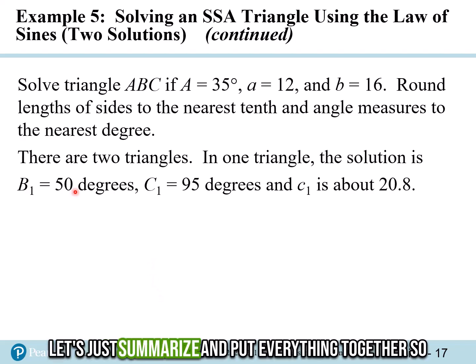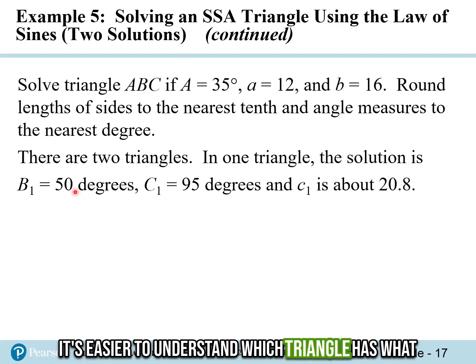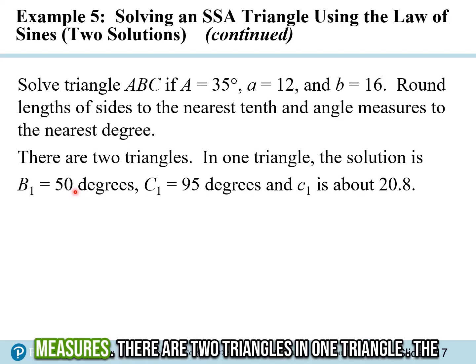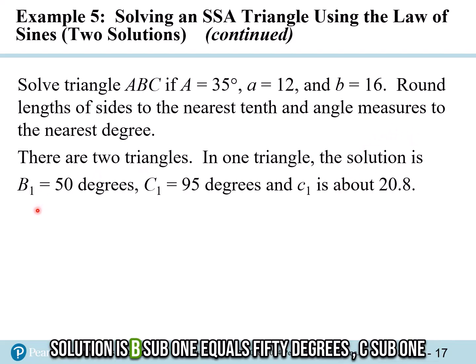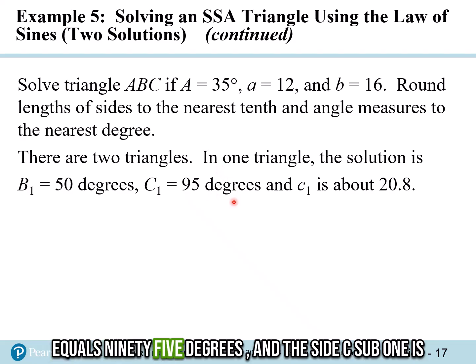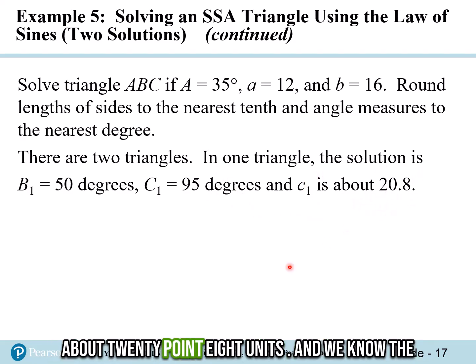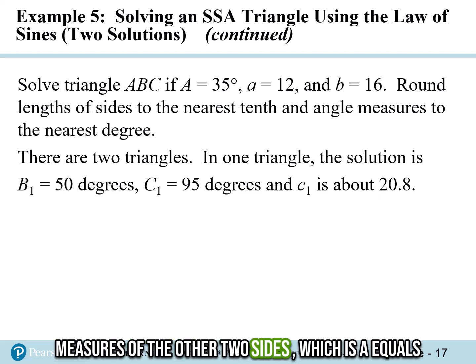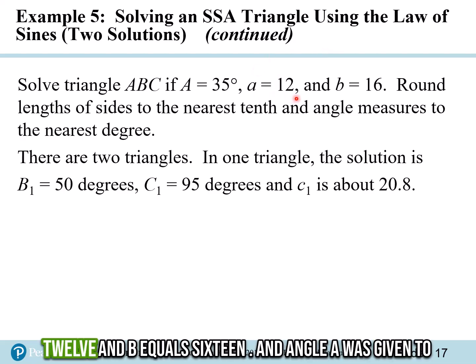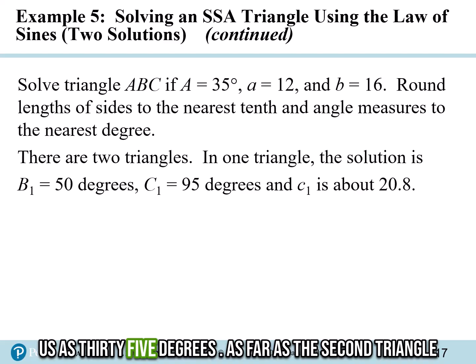Let's just summarize and put everything together so it's easier to understand which triangle has what measures. There are two triangles. In one triangle, the solution is B sub 1 equals 50 degrees, C sub 1 equals 95 degrees, and the side C sub 1 is about 20.8 units, and we know the measures of the other two sides, which is A equals 12 and B equals 16, and angle A was given to us as 35 degrees.